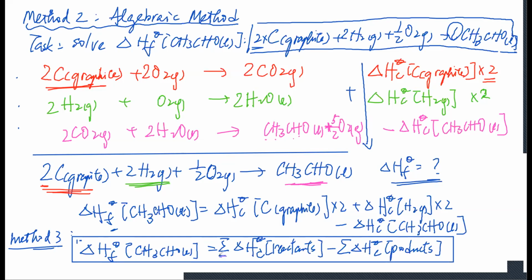It is sum, which means I add all those reactants together. So this is what I listed here, right? The same. How about this? The sum of the delta H of combustion of the product is this one. So it's just a subtraction of those two items.